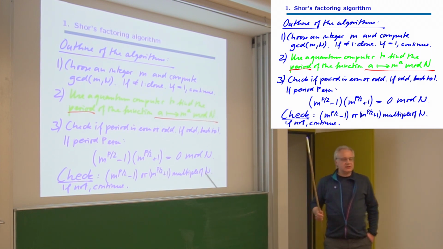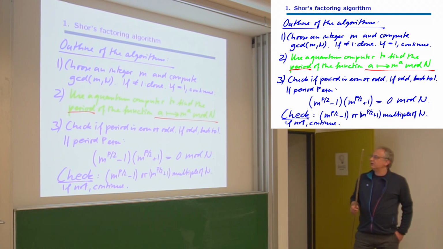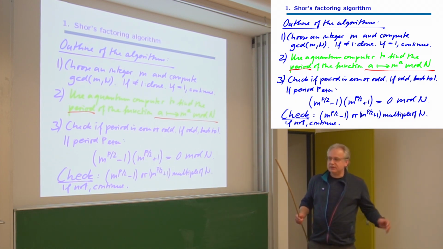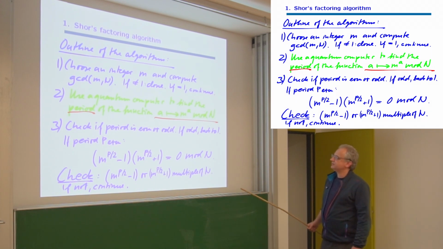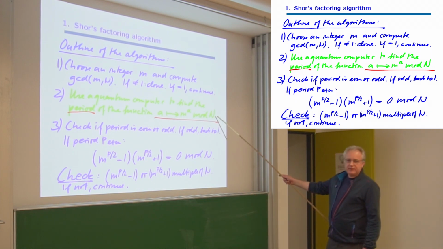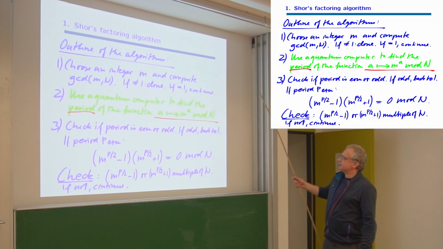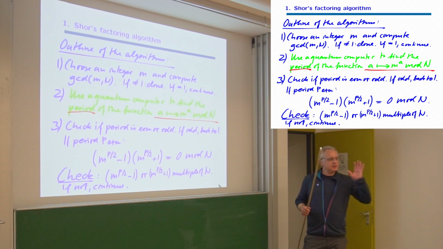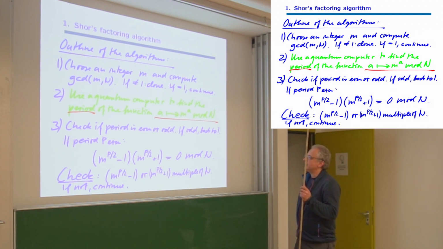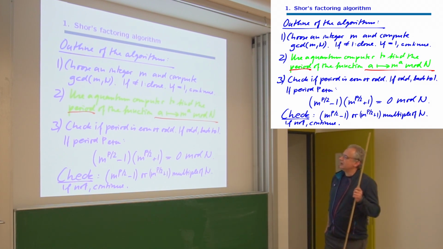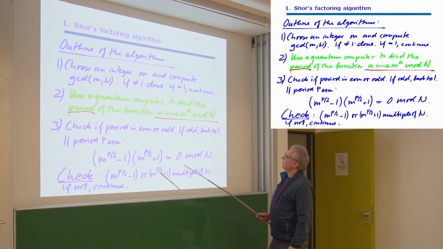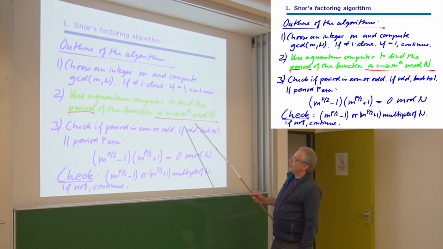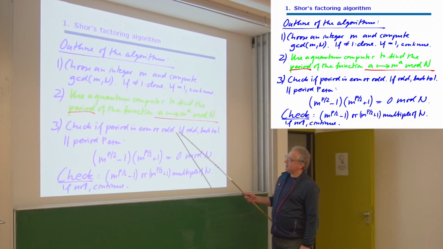So it's modular, this is happening in modular arithmetic, not with respect to all integers, but only integers mod n. That would be classically hard. We could do this classically, but it would be hard, and we will do this quantum mechanically. We come to how we do that later. Once we have the period, we check if this period is even or odd.